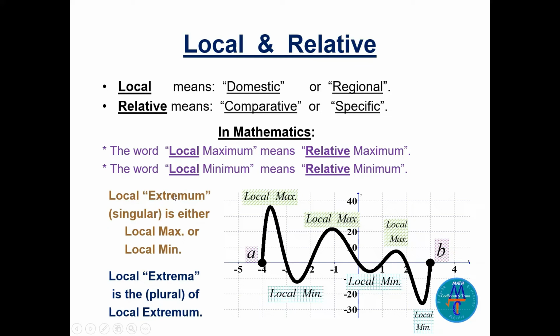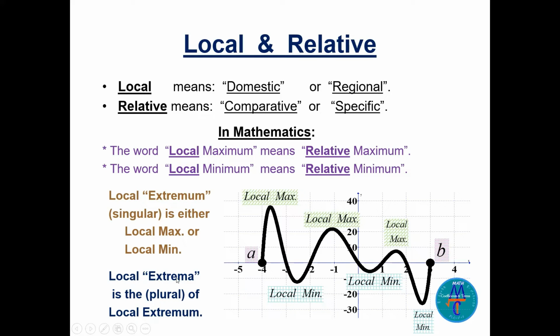Now local extremum, this is a singular, so that's one, is either local maximum or local minimum. So if we have local maximum or local minimum, we call it local extremum.